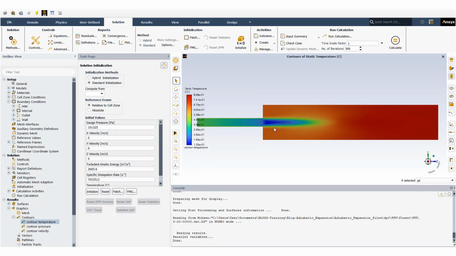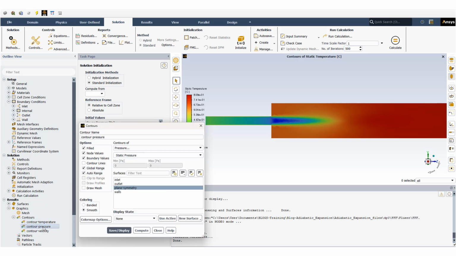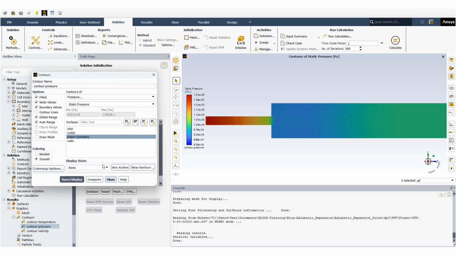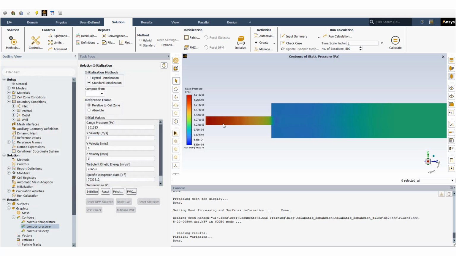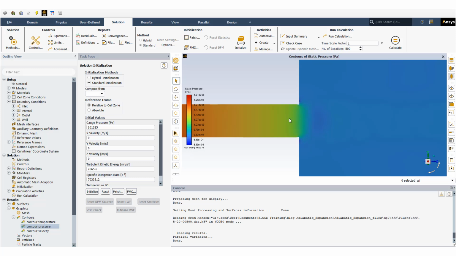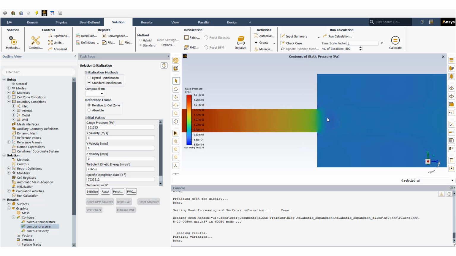Let's look at pressure. You can see that the minimum pressure is about 83.9, about 84 kilopascal. As the gas flows into the expansion, the opening, we see this area where the pressure also drops.